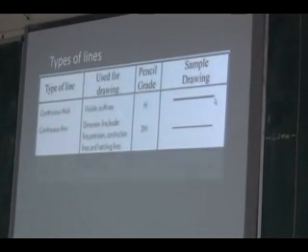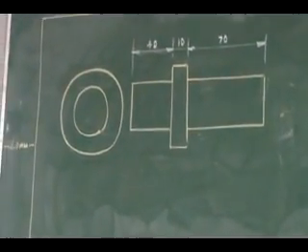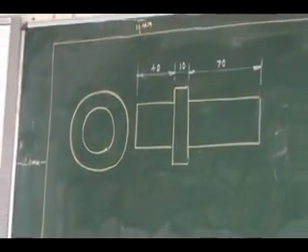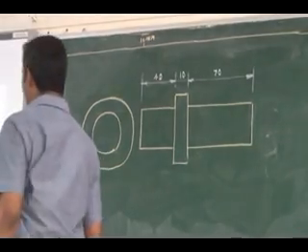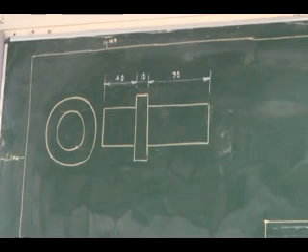Next is the short dashes, or hidden lines. You can write it as hidden line. It is used for invisible edges.